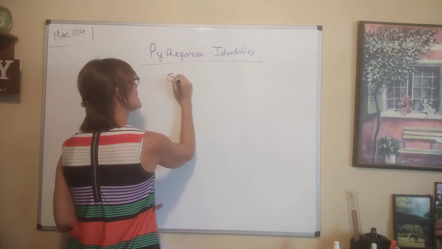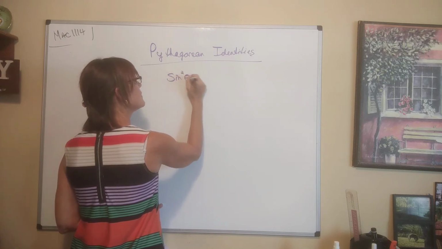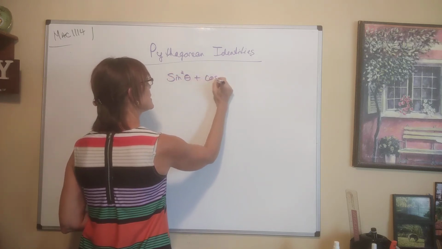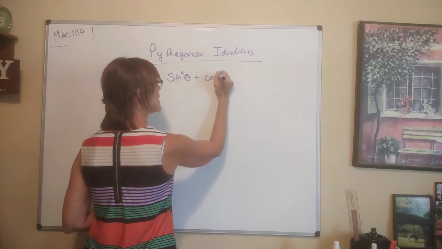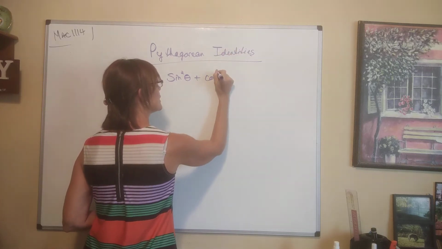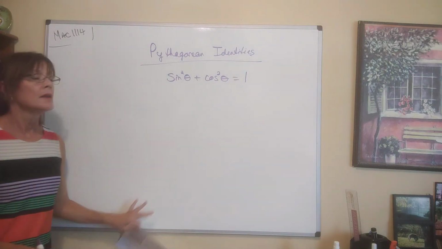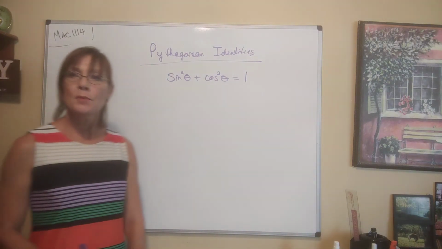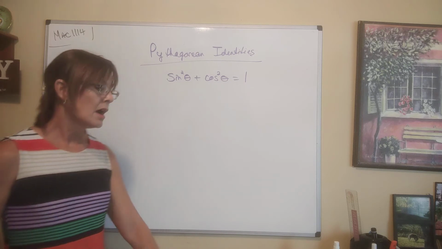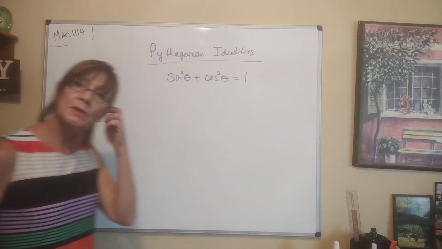It says that the sine squared of an angle plus the cosine squared of the same angle is equal to the number 1. This is the identity that I memorize. I commit this to memory. Also, watch this little algebra take place.